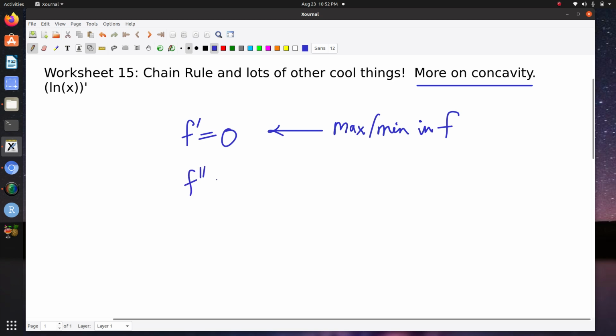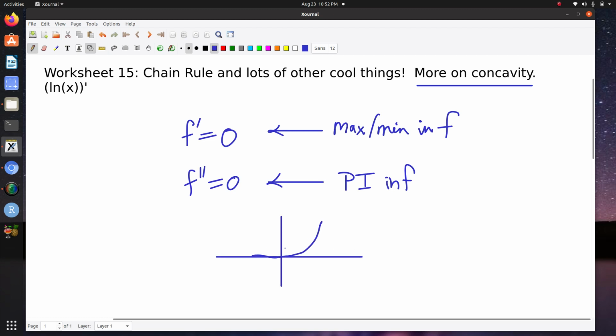We have exactly the same relationship with points of inflection. If you have a point of inflection in your function, the second derivative has to be 0. And again, it doesn't go the other way. But it usually does. I mean, for these exercises, it usually works. But you've got to check, because you can have something like x to the 6th that looks kind of like this.